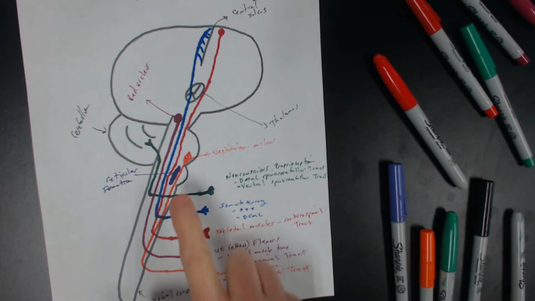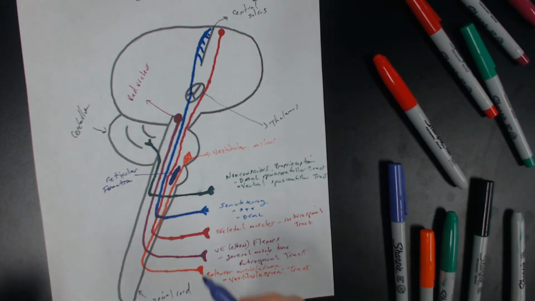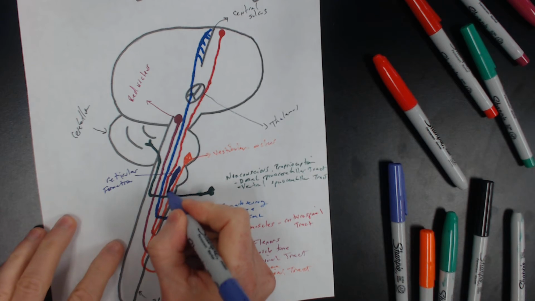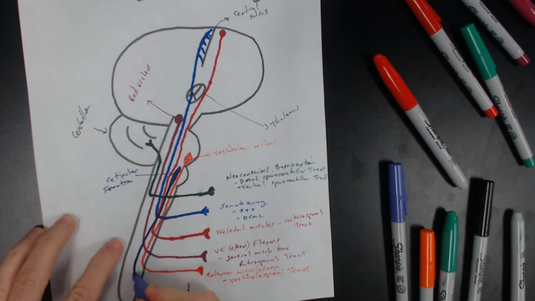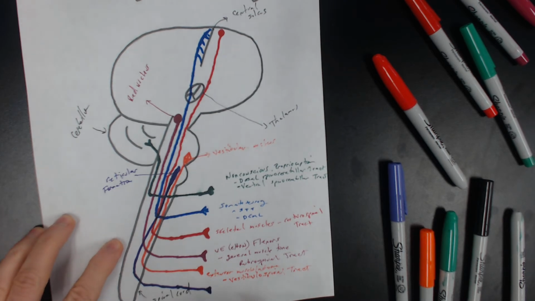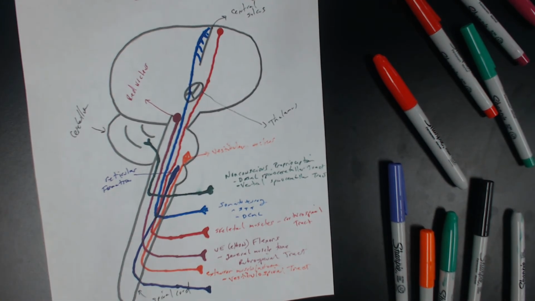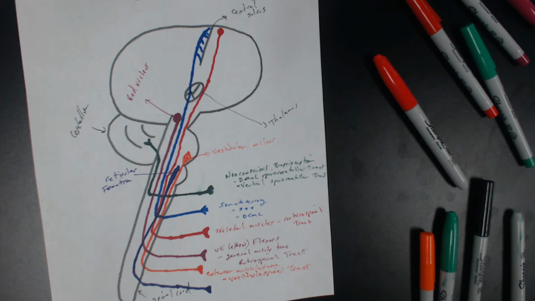Okay, coming out of the reticular formation, you're going to have axons here traveling down the spinal cord, and then innervating, again, extensor musculature.